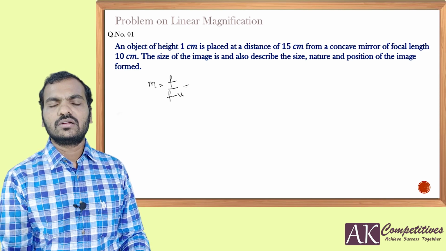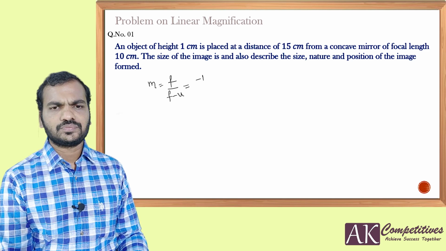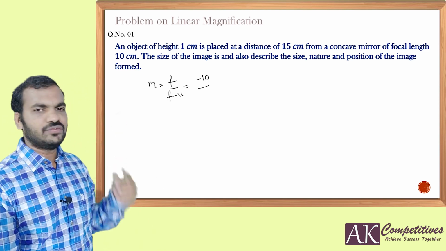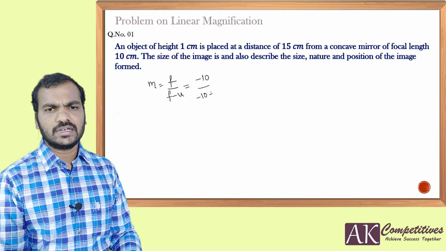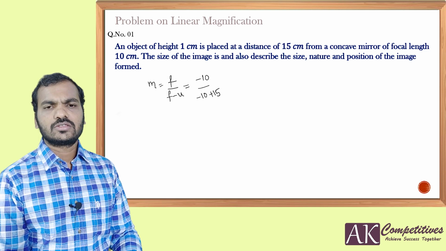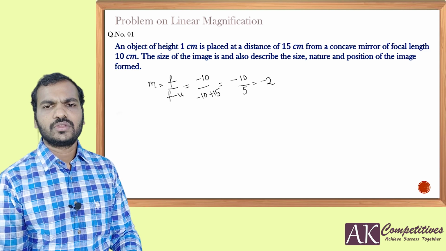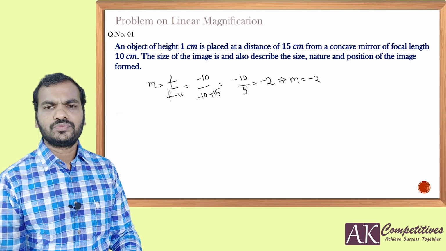So here f is minus 10 divided by f minus u, where u is minus 15: minus 10, minus of minus plus 15. So what does it become? Minus 10 divided by 5, which is minus 2. Okay, magnification will be minus 2.